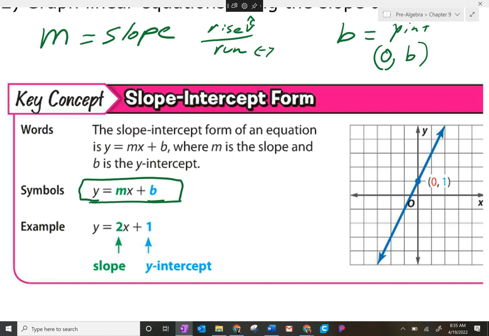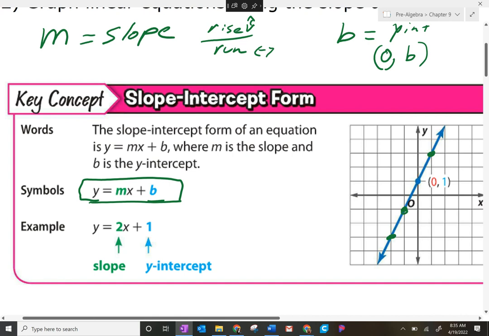From knowing where this b is at, I'm going to find the spots that it will cross other lines perfectly. It'll cross right here perfectly, and right here perfectly.